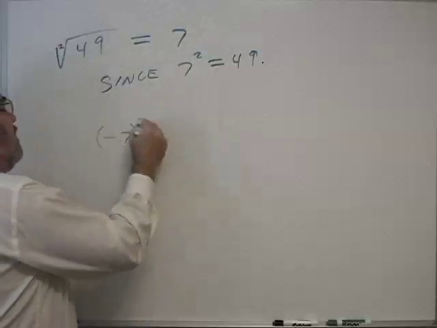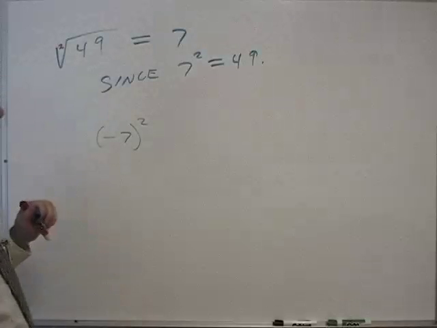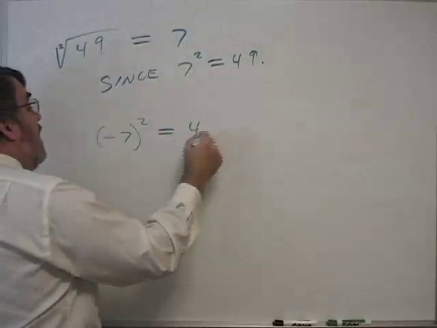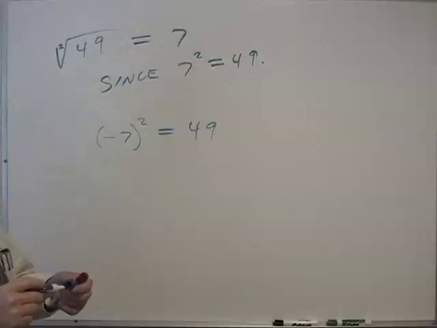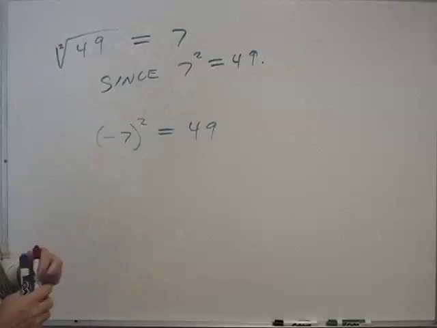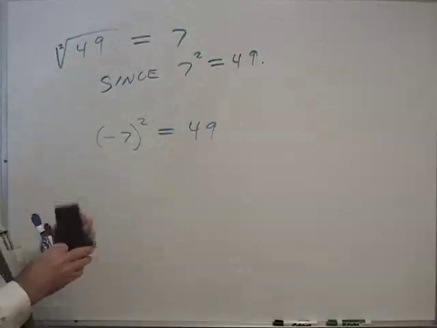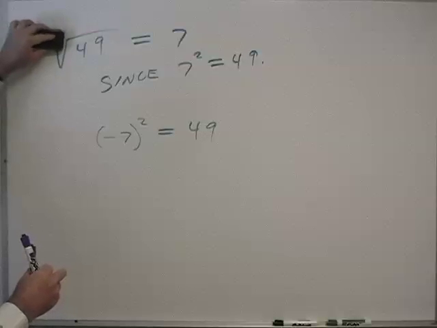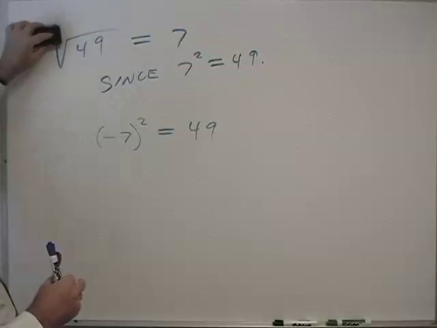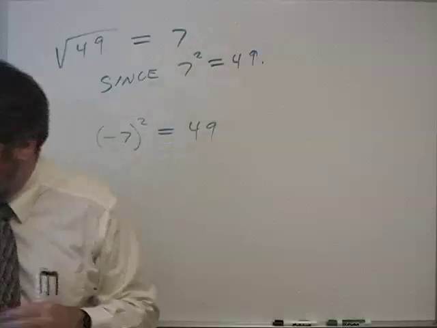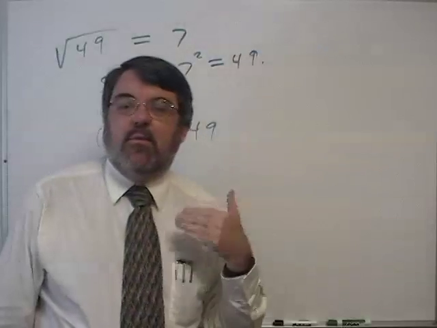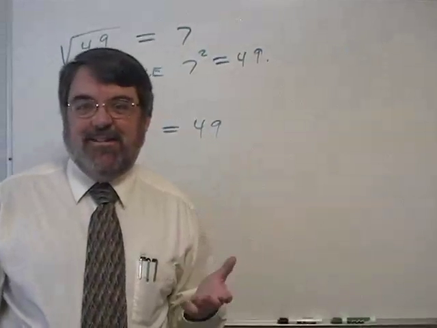Because if you raise that number to the second power, you also get positive 49. So why is the square root of 49 equal to negative 7? Well, it is. It's one of the 2 square roots of 49.